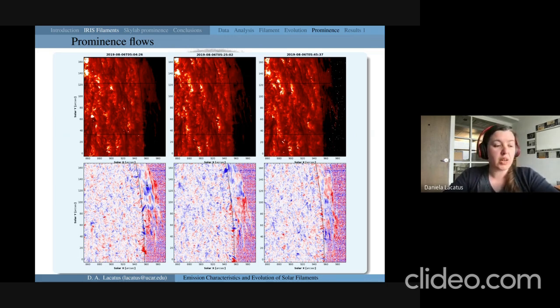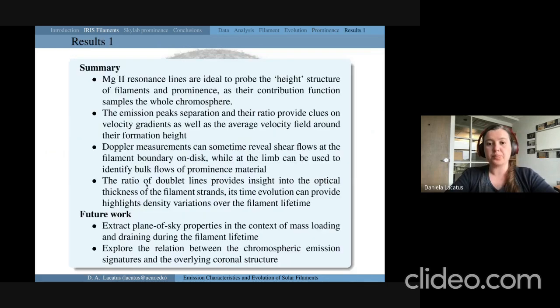Combining all this observation, if you are interested in different aspects of the filament, you can look both at the emission, but also the detailed structures revealed by the different emission features of the profile. And to sum up this part of the talk, the magnesium resonance lines, because they form over a whole wide range of chromospheric heights, can probe the so-called height structure within the prominence and filaments, and reveal how these look at different positions.